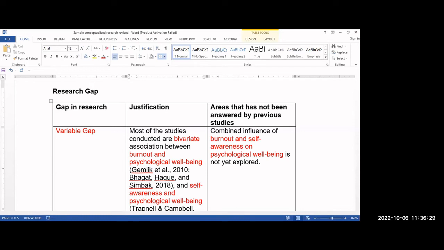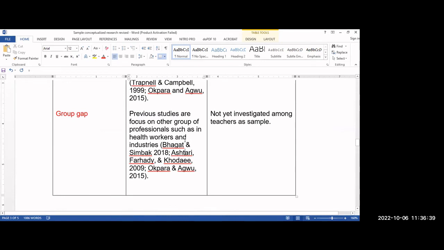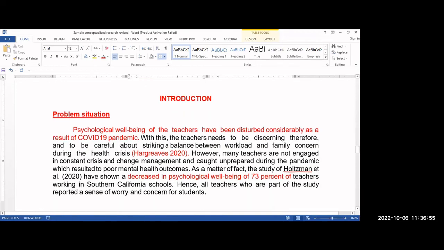However, you wanted to know which among these predictors or factors best influence the psychological well-being in a sample of teachers. Because in the previous studies, most of the studies conducted about psychological well-being are focused on health workers and those working in the industries. Okay? So that's a justification.